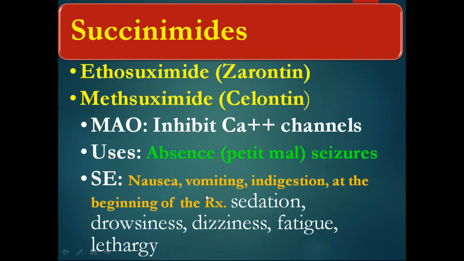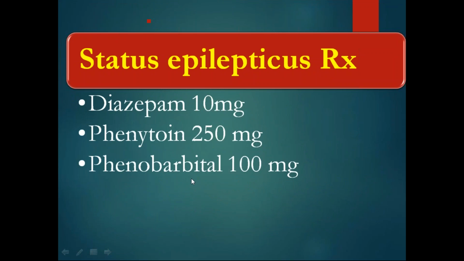That is going to go away in a few days. But succinimide is the only medication, so we can remember that it has this nausea, vomiting, indigestion at the beginning of the medication, then it disappears. Okay, so these actually are some medications for status epilepticus.